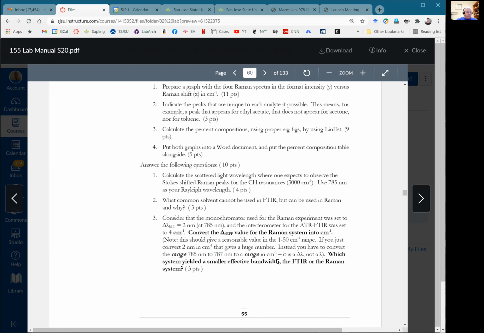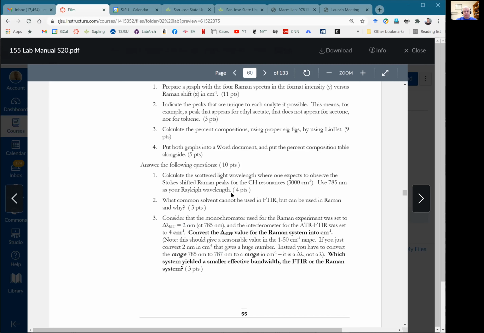It's like 64 wave numbers or something, or 32 wave numbers, something like that. But it's only 2 nanometers at 785. So basically, it's saying that Raman is a little bit lower resolution.